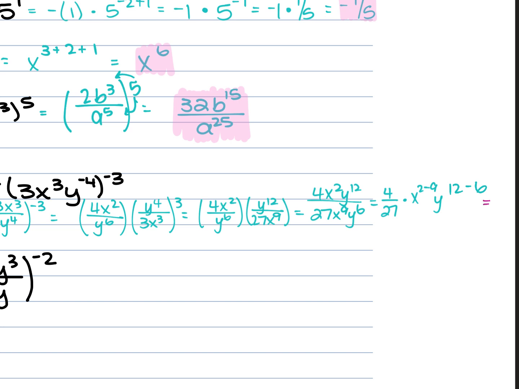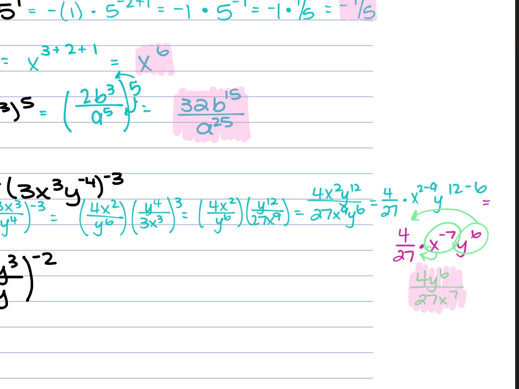This is going to give you 4 over 27 times x to the negative 7th power, y to the 6th power. That x to the negative 7th power has to turn into a positive 7th power, so it goes to the denominator of your fraction. The y to the 6th stays up top. So it's just going to give you 4 y to the 6th power over 27 x to the 7th power.